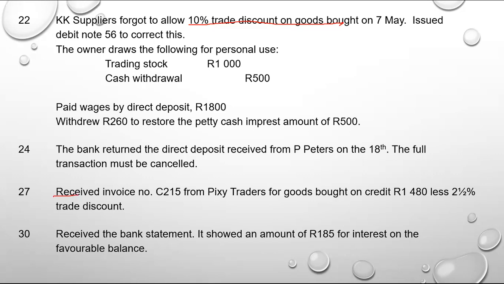Okay, so we received an invoice. Well, I did that already. Oh no, we didn't do this. I'm jumping here. So the owner draws the following for personal use. So these are drawings. So the owner took trading stock. When the owner takes trading stock, where do we record it?